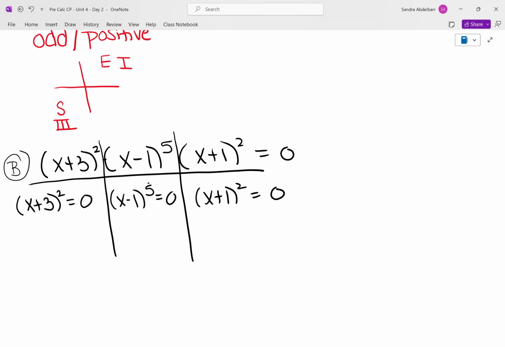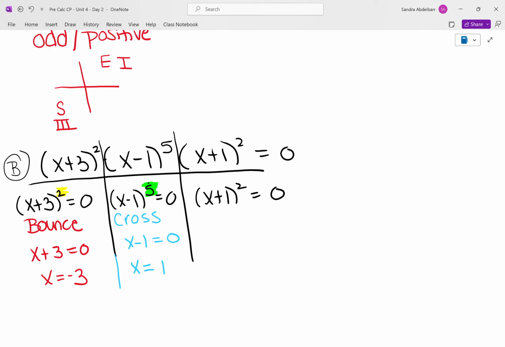Then we go to the next one. And now we have an exponent of 5. 5 is odd, right? So is it a bounce or a cross for odd? This is a cross. Where is it going to cross? You take x minus 1, set it equal to 0, and solve. So we're going to have a cross at x equals 1.